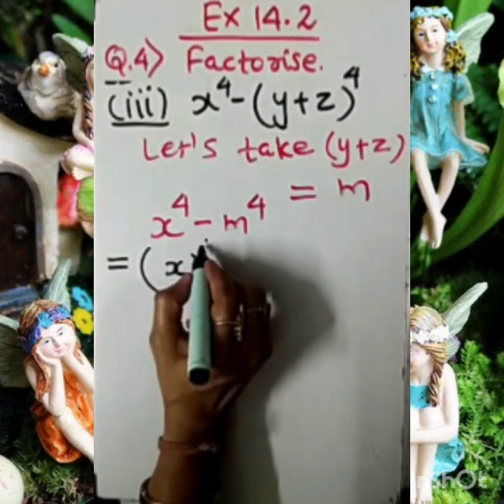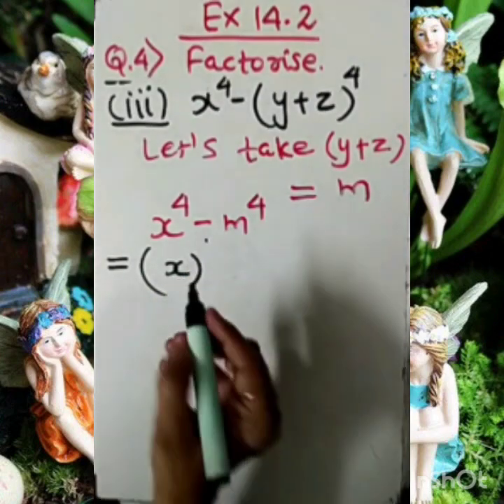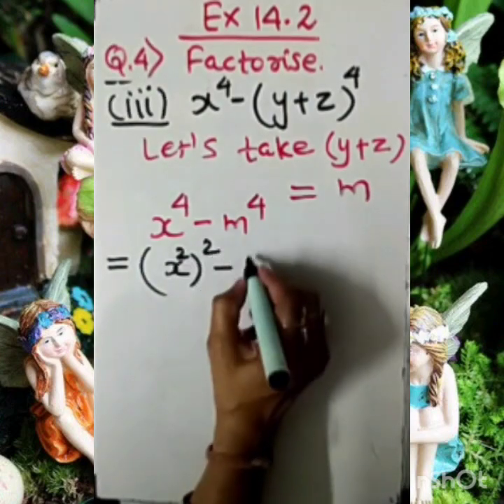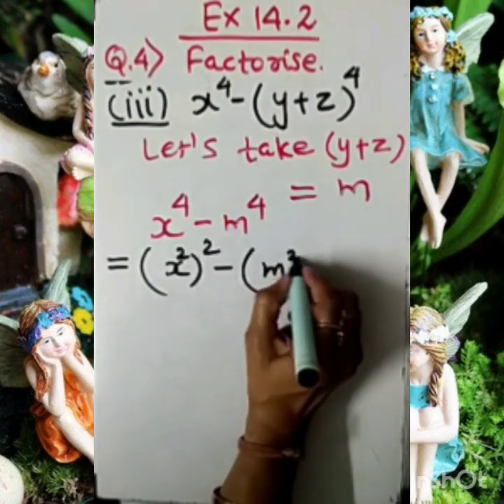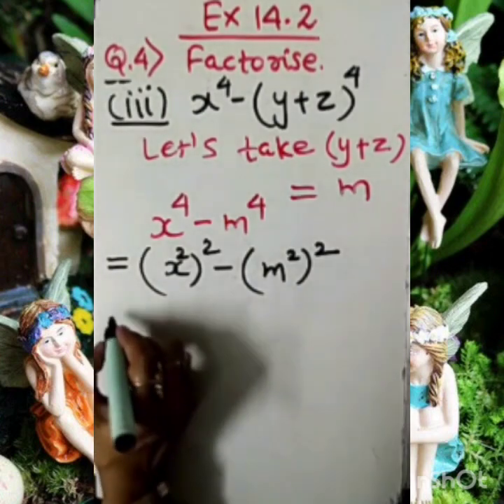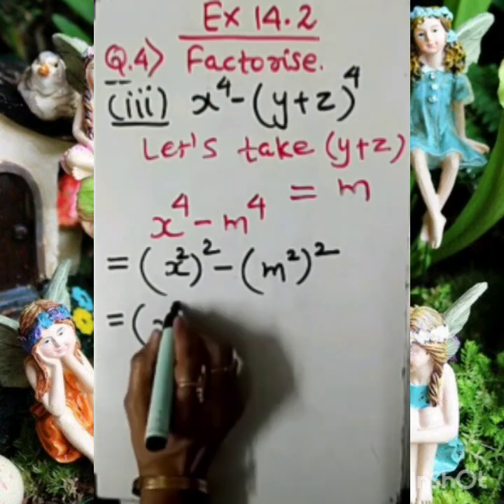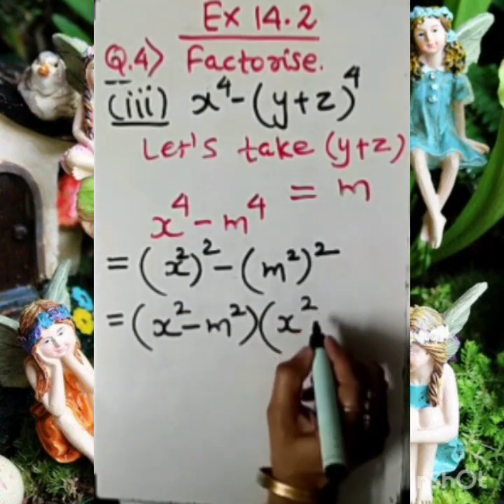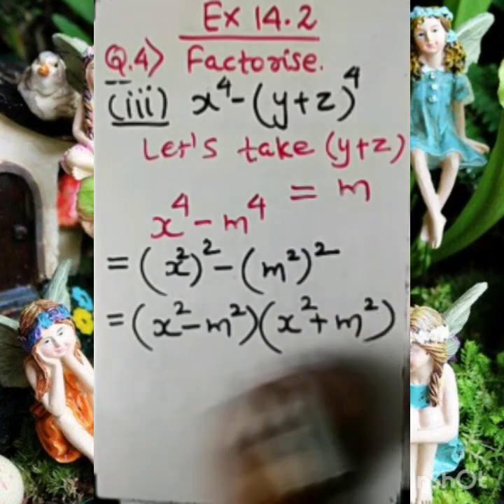So I need to mention here, because fourth power is square of square, this is m square whole square. This is also m square whole square. So dear student, the answer is x square minus m square in one bracket, and in another bracket x square plus m square.